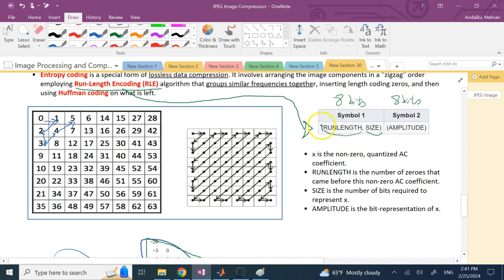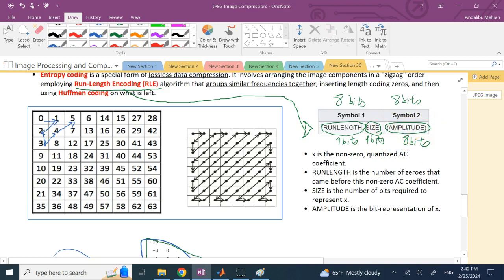The first 4 bits you use to store something called run length. The second 4 bits you use to store something called size, and the last 8 bits are what you store the amplitude.